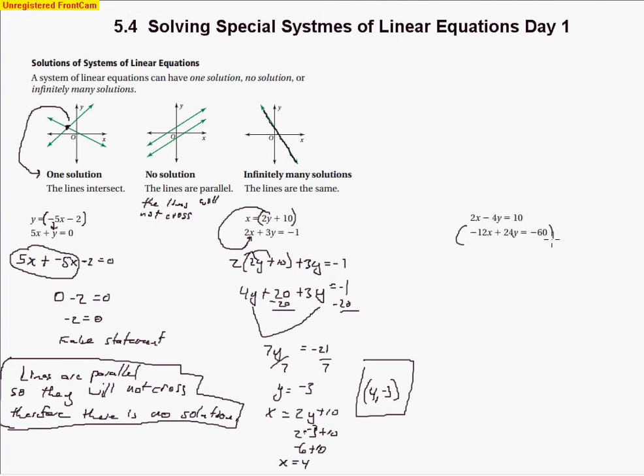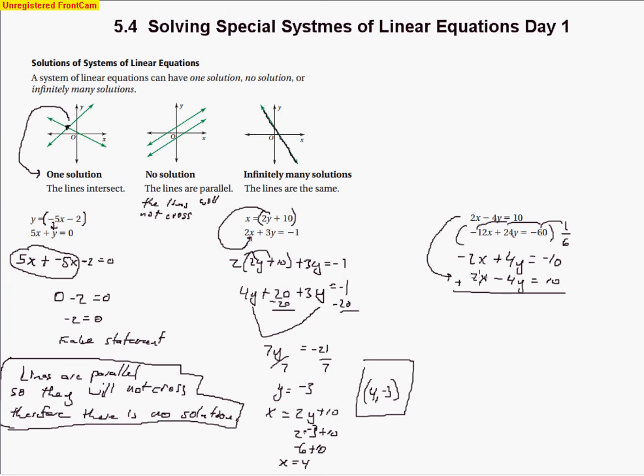So I'm going to divide by 6. And so if I do that, I'll divide every term by 6, and I've got negative 2x plus 4y equals negative 10. And so I'll go ahead and bring this one down, and notice how I got 2x minus 4y equals positive 10. So when I add these two equations together, I get this situation.